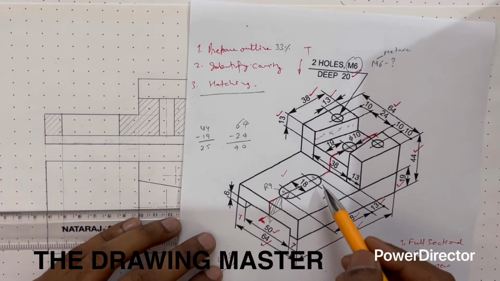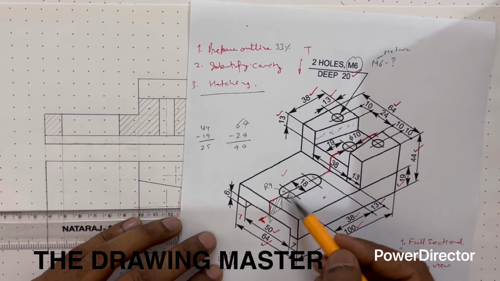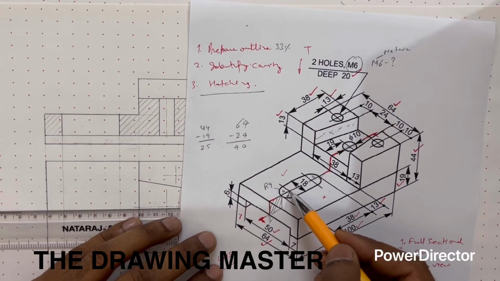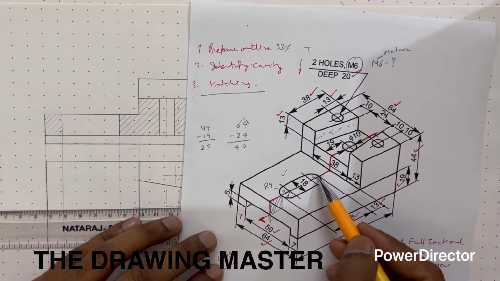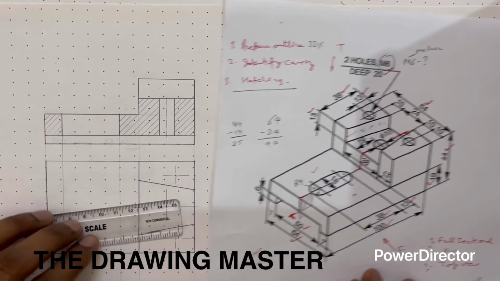I'm explaining this again. Total dimension is 38. Out of 38, this is 20, this is 9 and 9, because this dimension is 18, so half of 18 is 9 this side, 9 this side. So a 9 mm radius is there, right?